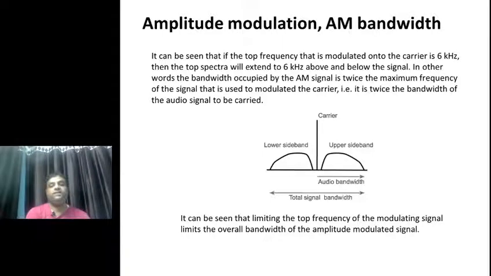Here, again they try to explain the amplitude. It had been seen that the top frequency of the modulated carrier is 6 GHz. Then the spectrum will extend 6 GHz above and below the signal. In other words, the bandwidth occupied by the AM signal is twice the maximum frequency. I already explained this.